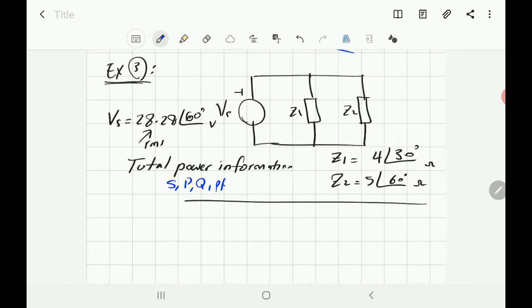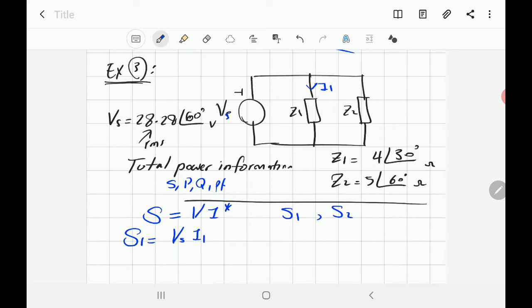Well, to find the power, as I mentioned in the lecture, it's better to use the complex form. We mentioned that the apparent power is equal to V times I conjugate. I have now two branches, so I have S1 and S2. I want to find S1. So S1 will be equal to V, because the voltage across Z1 and Z2 is the same, Vs, and the current through the first branch, I1.